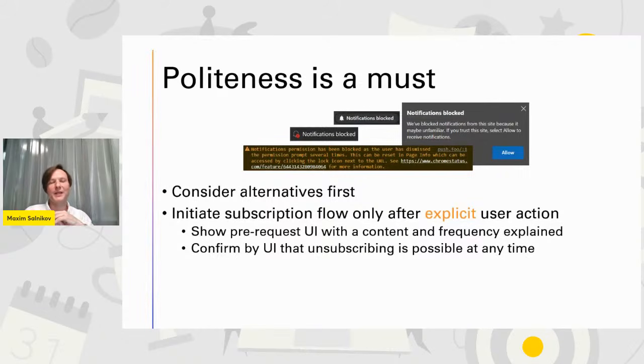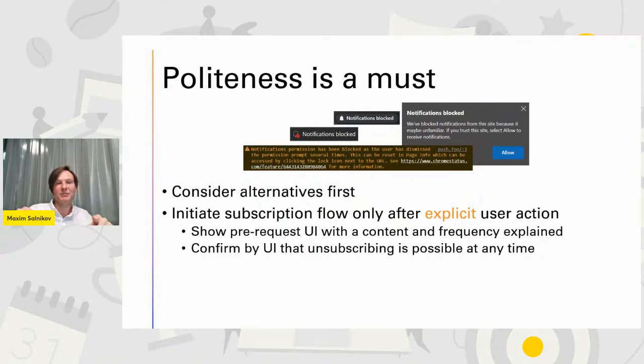Maybe you've seen some techniques like this, when first you have a dialogue that explains very well what kind of notifications will be sent to you, how to opt out, what kind of cadence, and only then, if users agree, if they know what they agree on, like they, for example, click agree, you as developer call this native one. So it's a much higher chance that this will be accepted.